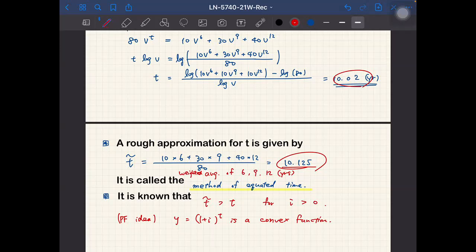So basically it's Jensen's inequality. So if you don't have enough time to answer this question and you got t tilde equal to 10.125, and in the exam there are several choices, and the answers are 10.02 and 10.32, and others are much larger or smaller, then you can see this 10.125 should be larger than the true answer, so you can pick 10.02.